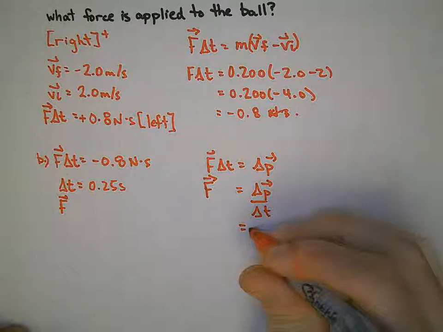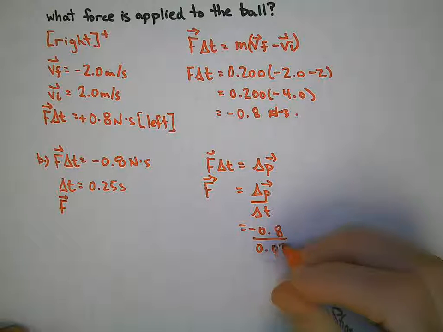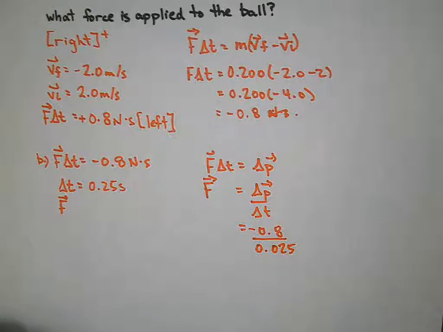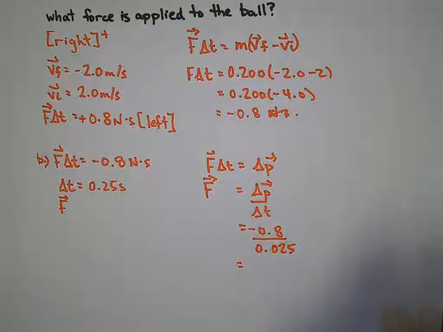So that is negative 0.8 over 0.25. And this will help us solve for the force that was applied to the ball by the cushion.